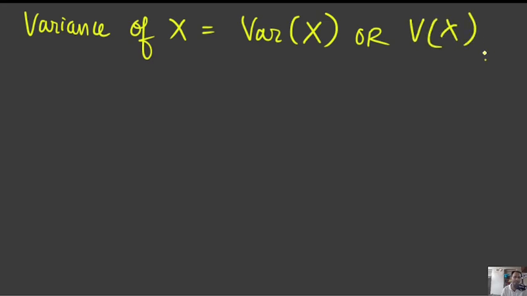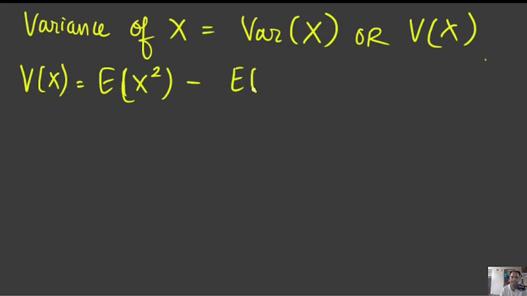Both the notations are perfectly fine and well adopted by everyone. The V(X) formula is E(X²) minus (E(X))². This is the formula. Now we first find the value of E(X²).